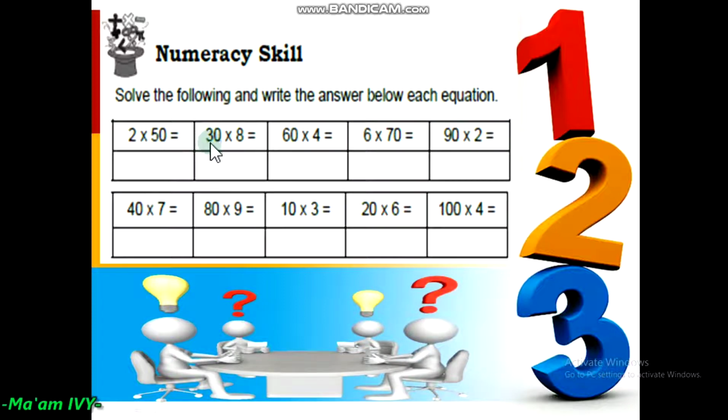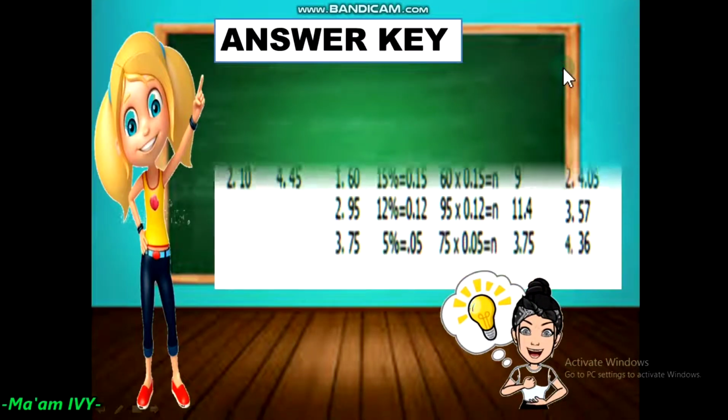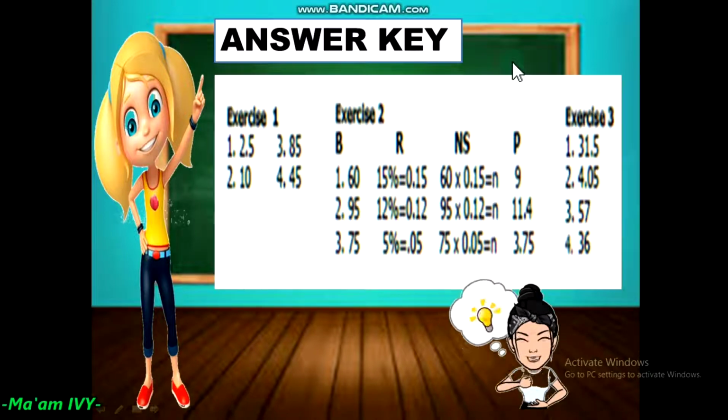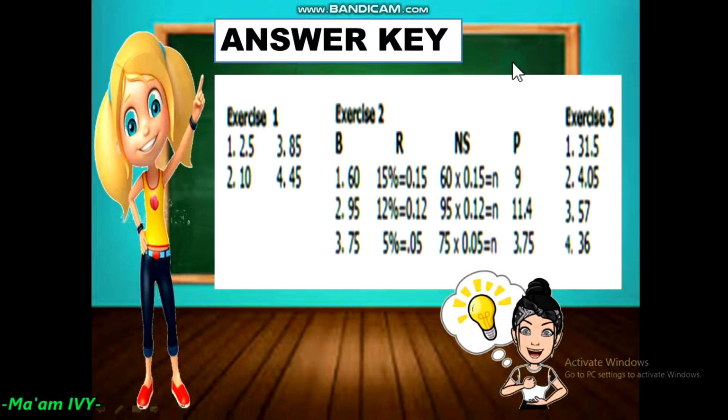You are going to multiply the given numbers, kids, and then write your answer inside the boxes. That's all, and here is your answer key. Check whether you got the correct answers or not. You can also find your answer key on your math box.